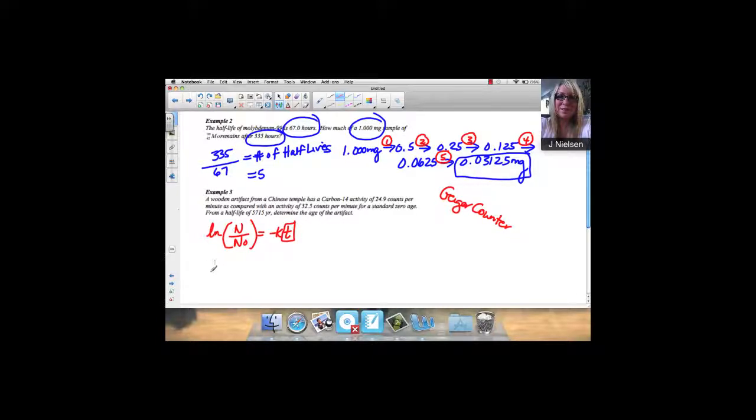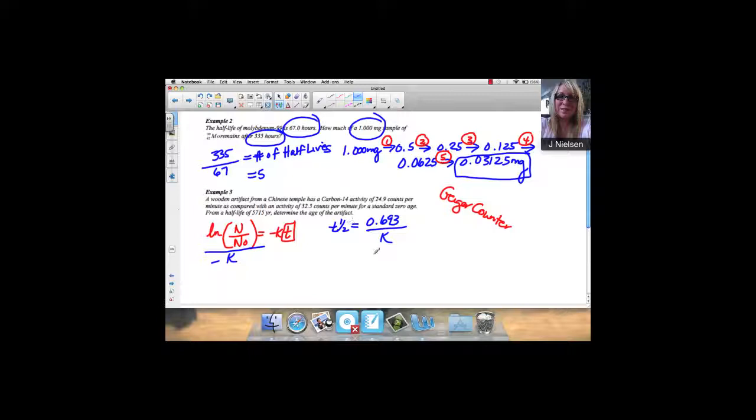So if I'm solving for time, we're going to just divide both sides here by negative k, and that will give us time. But we also have to use t to the 1/2 equals 0.693 over k, because we need k.